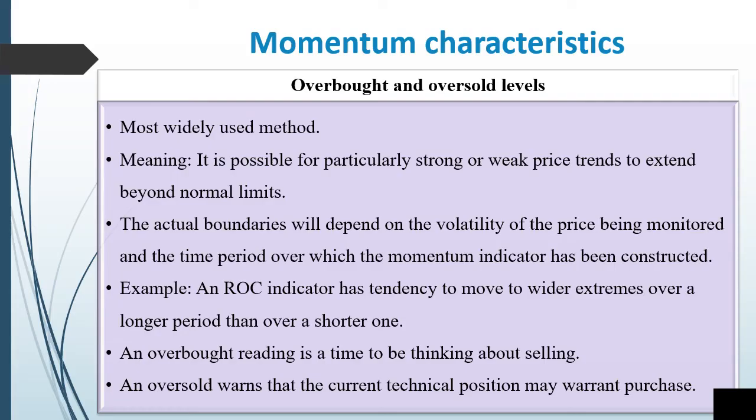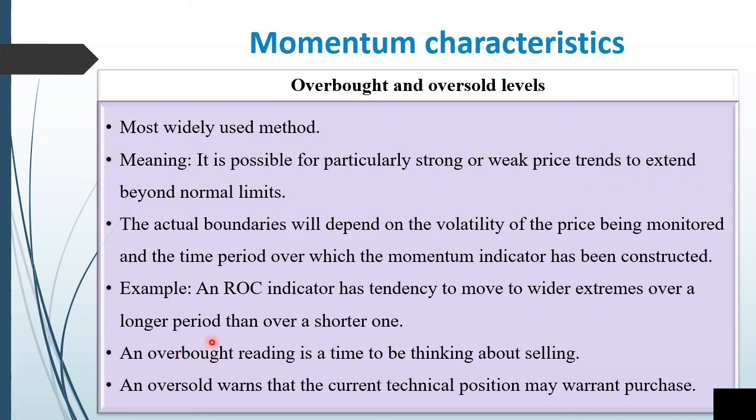So the momentum characteristic kat sini, overbought and oversold level. Most widely used method, so meaning that it is possible for particularly strong or weak price trends to extend beyond normal limits. The actual boundaries will depend on the volatility of the price being monitored and the time over period.